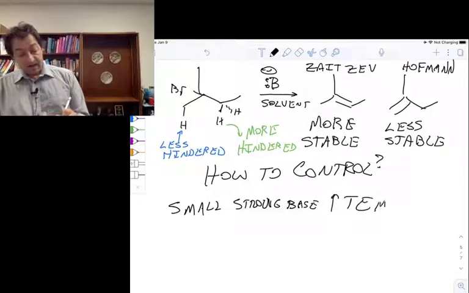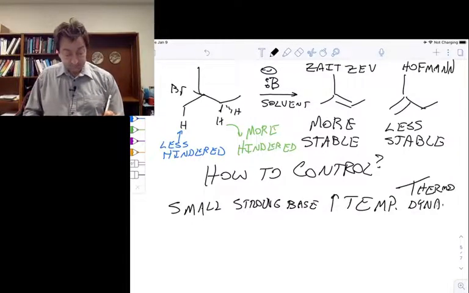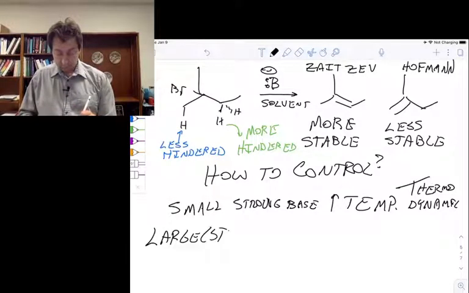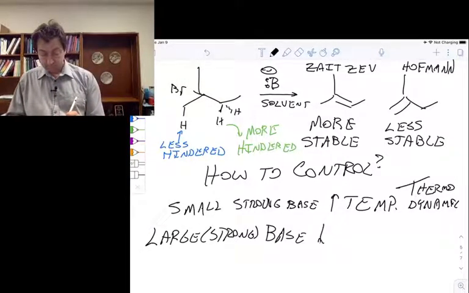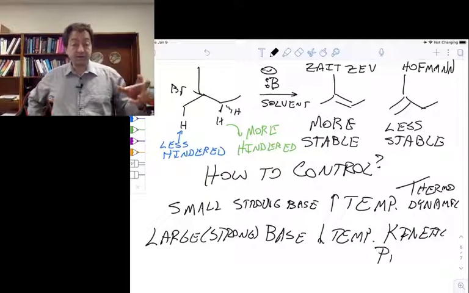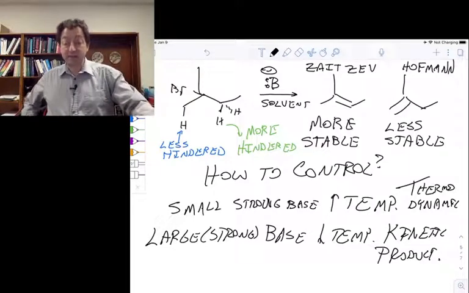That would give us the thermodynamic product. Whereas using a large, strong base at a slightly lower temperature would ultimately give us the kinetic product.